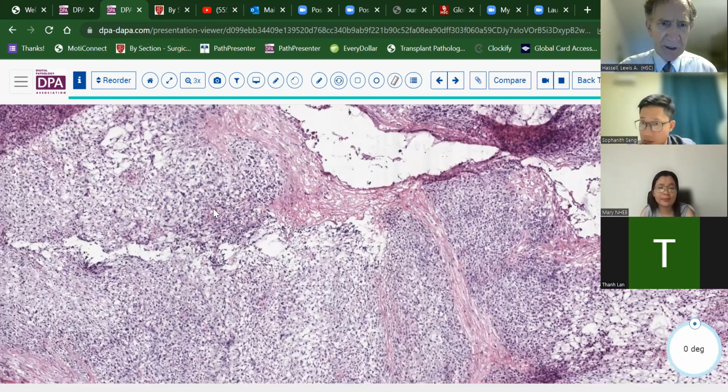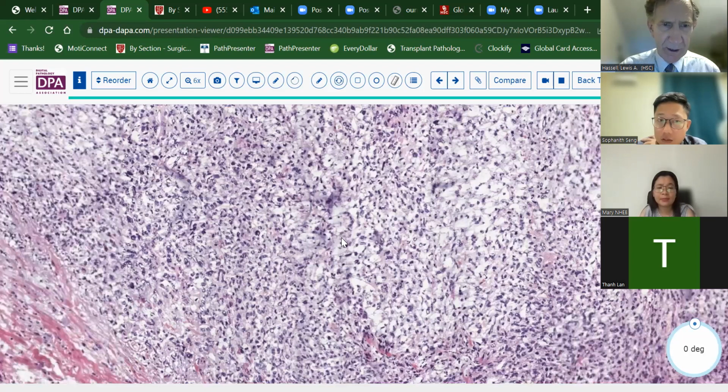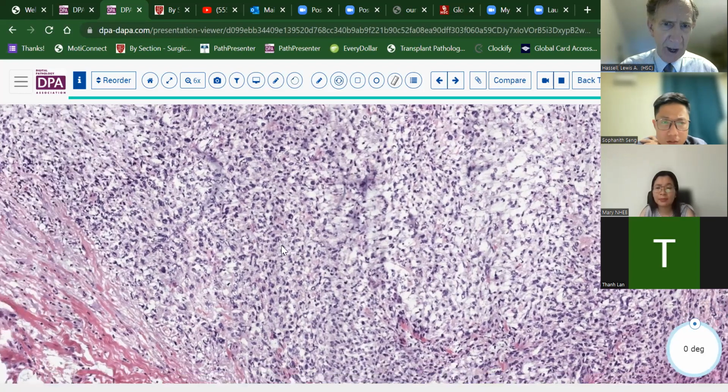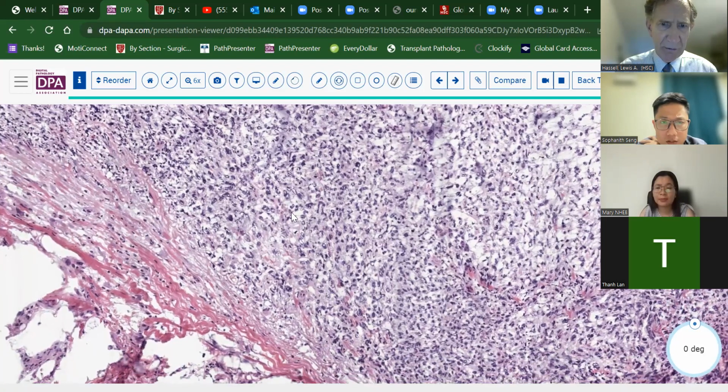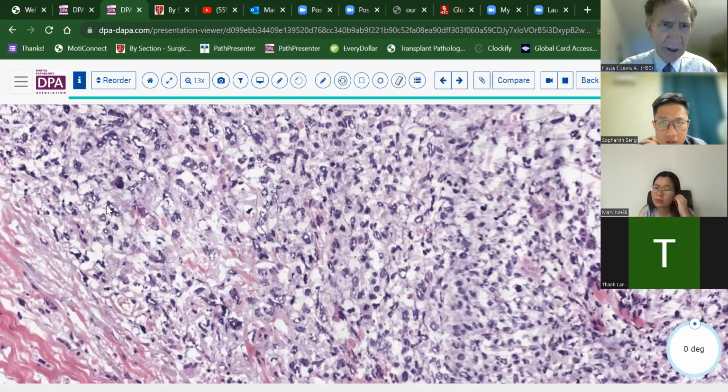So as we look at this lesion, it has a very mesenchymal appearance. You can see there's a lot of cellularity here. There's not much epithelial type of differentiation, and quite high-grade cells. Let's go back out.